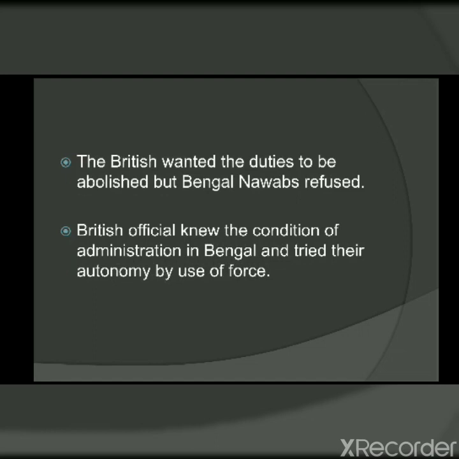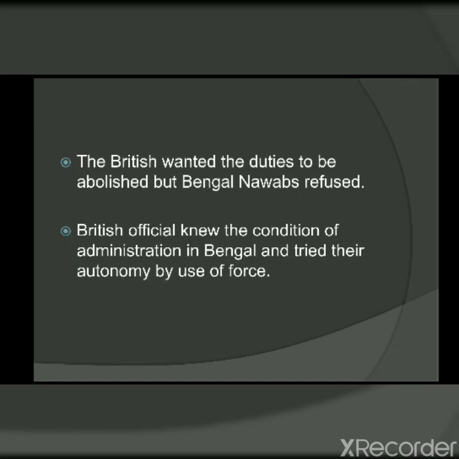Accusing the company of deceit, they claimed that the company was depriving the Bengal government of huge amounts of revenue and undermining the authority of the Nawabs. They didn't care about the rule of the Nawabs. These Britishers were refusing to pay taxes. They were writing disrespectful letters and also trying to humiliate the Nawab and his officials.